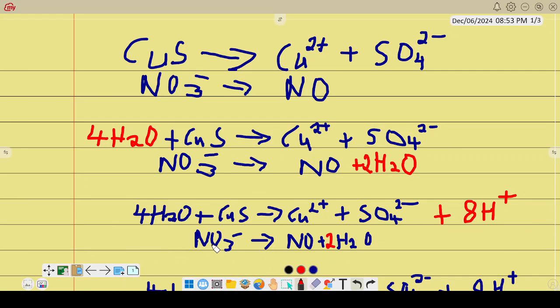Here we don't have any hydrogen, but here we have 4. So meaning on this other side we're going to have 4 hydrogen ions, like that.